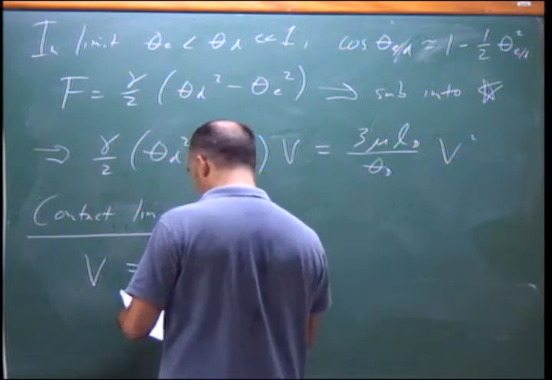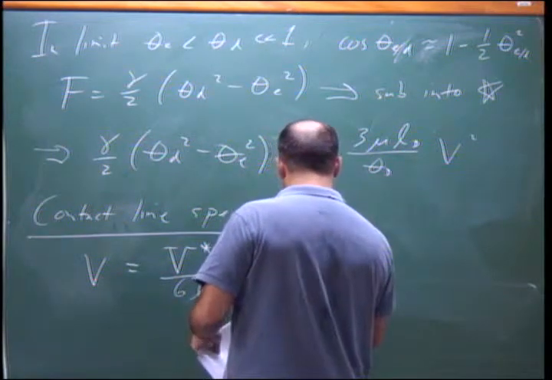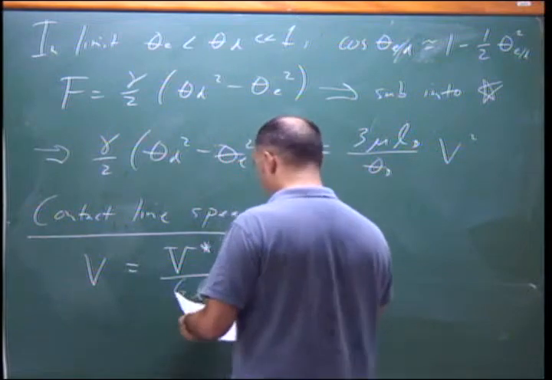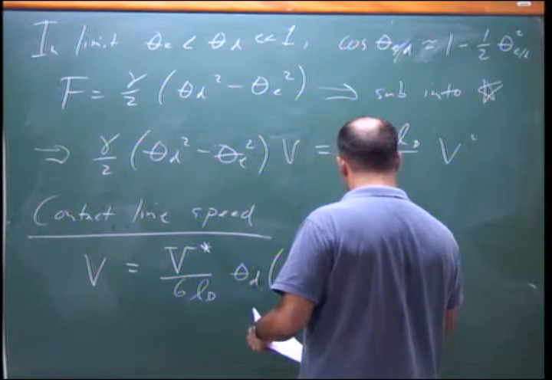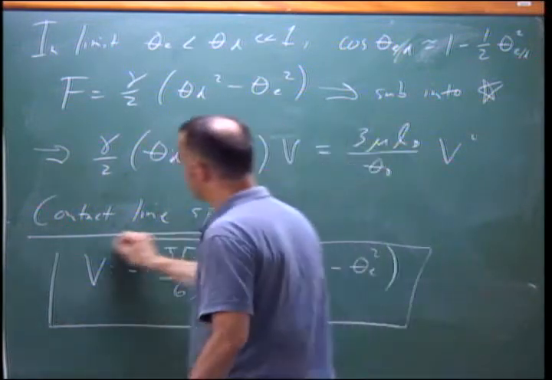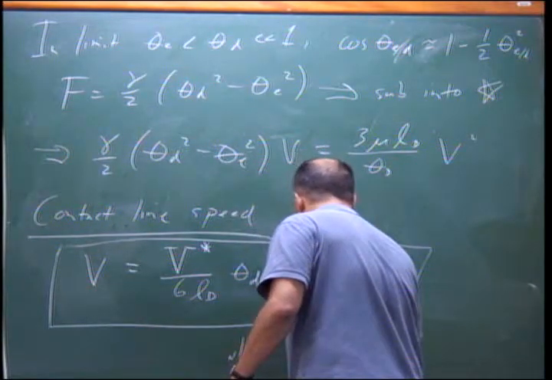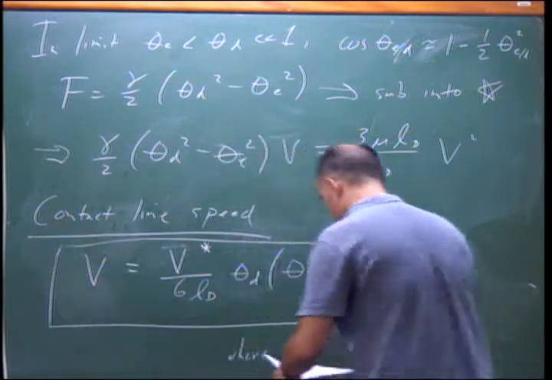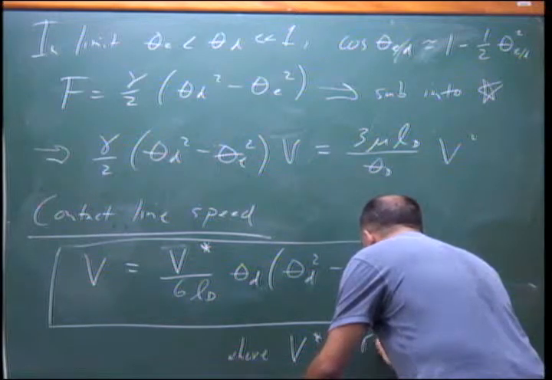So we have our fudge factor. Our V star here is gamma over mu.